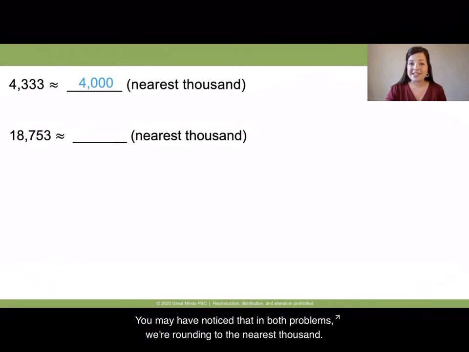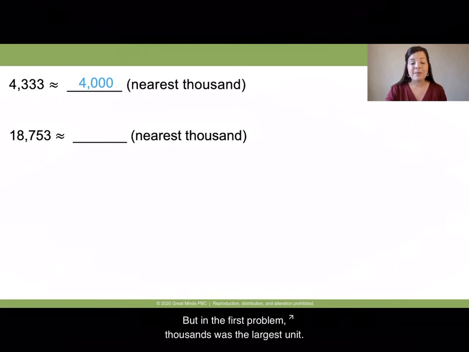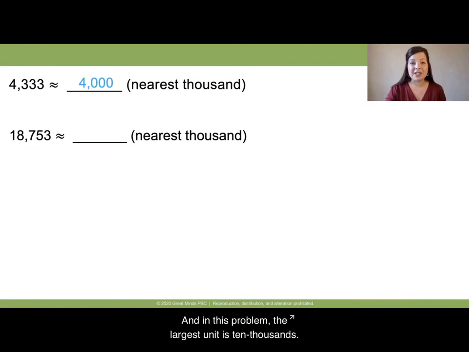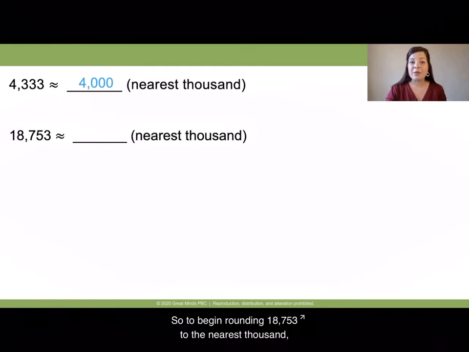You may have noticed that in both problems we're rounding to the nearest thousand. But in the first problem, thousands was the largest unit, and in this problem, the largest unit is 10 thousands. So to begin rounding 18,753 to the nearest thousand, what should we think about first?